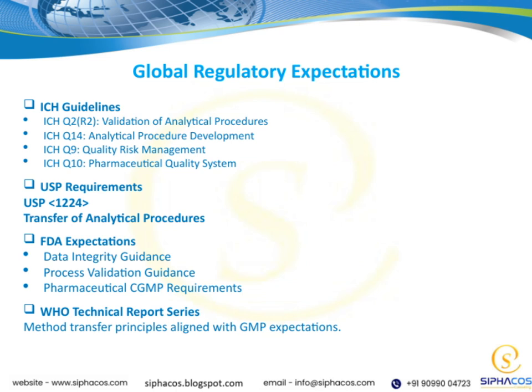Alongside these, the USB outlines requirements for transferring analytical methods. The FDA adds its own expectations, emphasizing data integrity, process validation, and current good manufacturing practices. Finally, the WHO aligns method transfer principles with good manufacturing practices, ensuring consistency across the board.